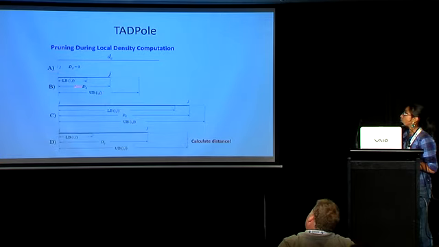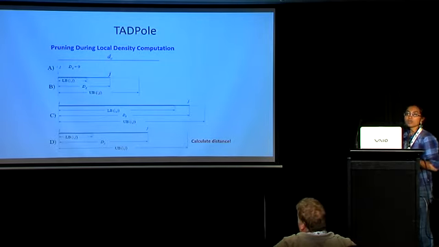What if you happen to be in case B? It means that the lower bound of I and J and the upper bound of I and J both are within this distance radius DC. So both these objects are definitely within this pre-specified neighborhood, and you don't need to compute their distance.